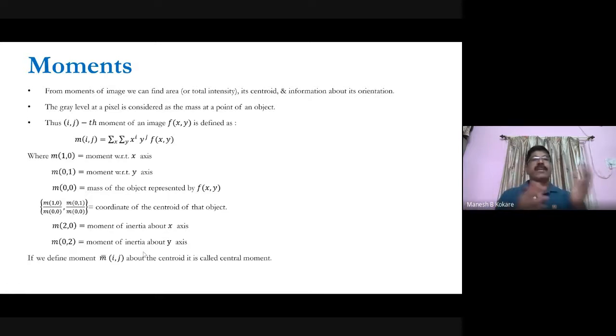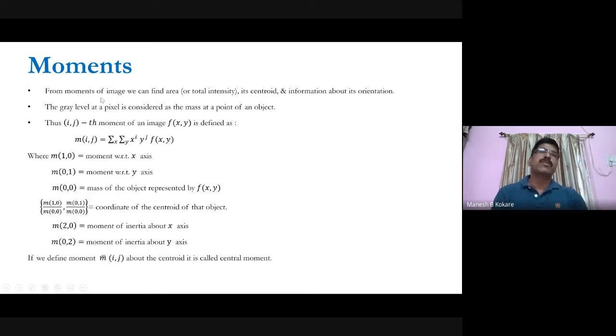If you are continuing this idea for the image or object in computer vision, the formula will change. You just have to modify it, because in an image there are two coordinates, the x coordinate and the y coordinate, and from these you get the spatial coordinates and can calculate the moments of the image.